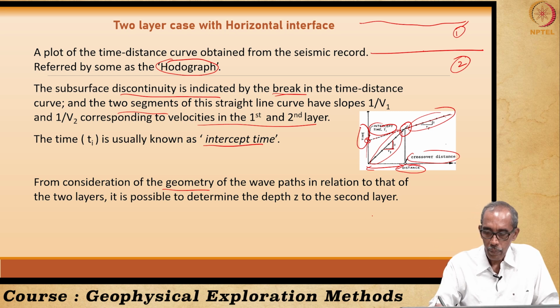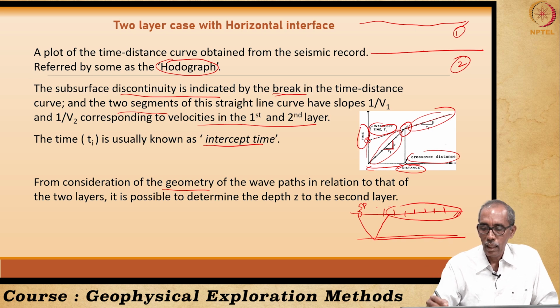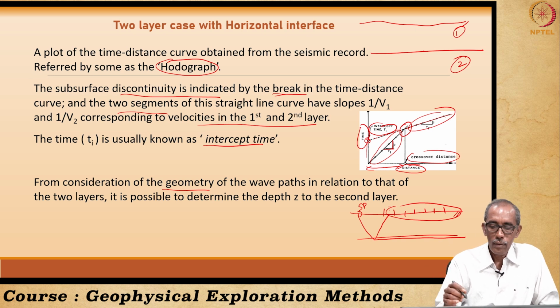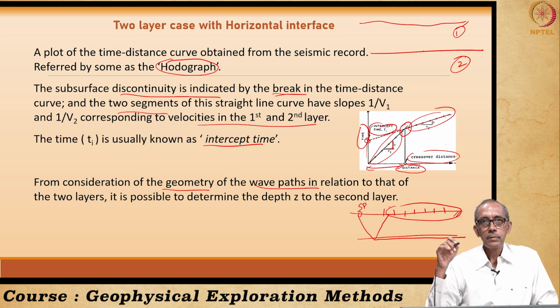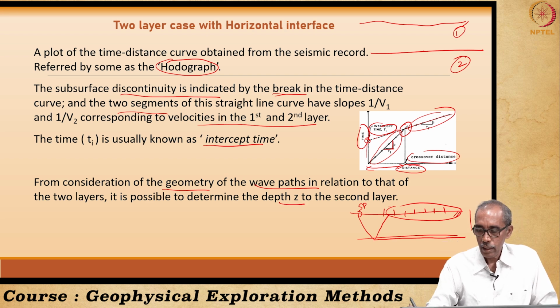From the geometry of wave paths, we have already seen this is the ground surface, this is the first interface, the shot point, and the detectors, that is geophones. Beyond a certain distance, refraction takes place, so these geophones receive the refracted signals. From the geometry of the wave path, we can determine the depth to the second layer, or in other words, the thickness of the first layer.